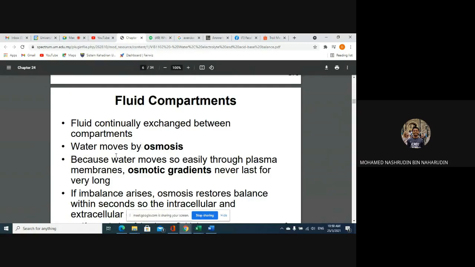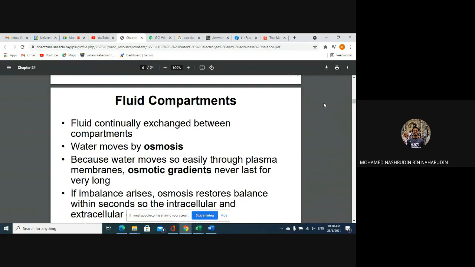So water moves by osmosis. Higher osmolality will move to lower osmolality area. So osmosis, absorption depends on the difference in pressure and the concentration of osmolality between these 2 points.